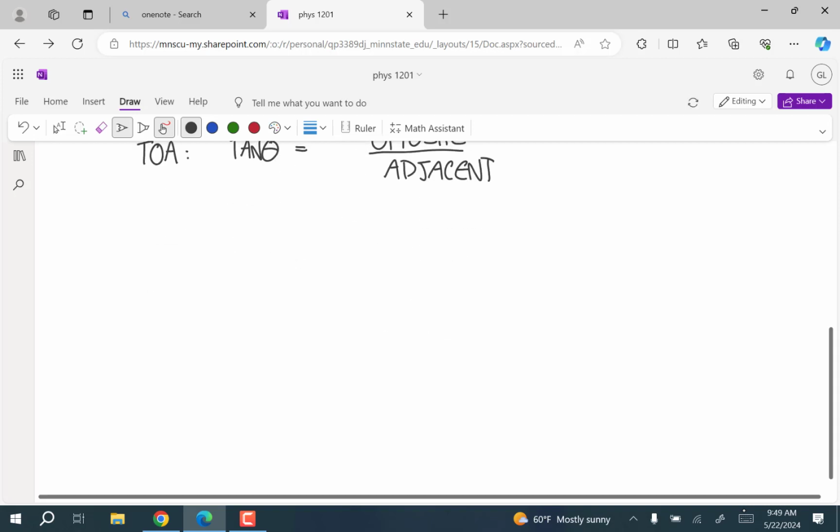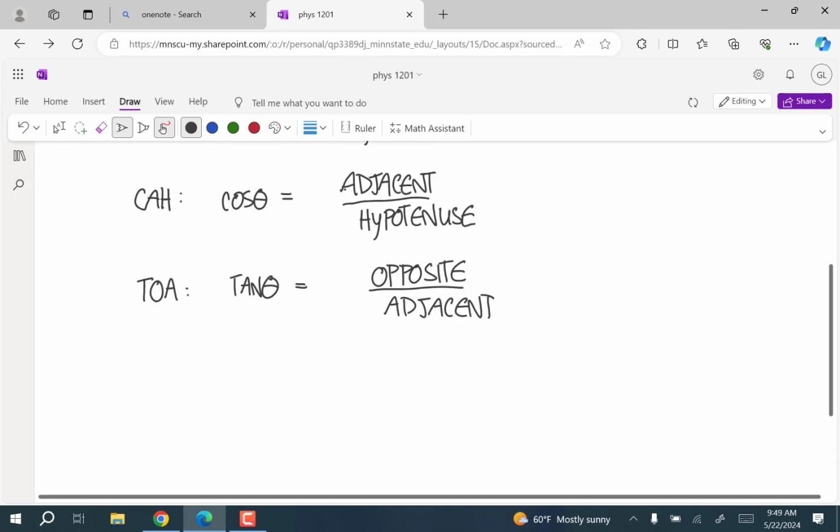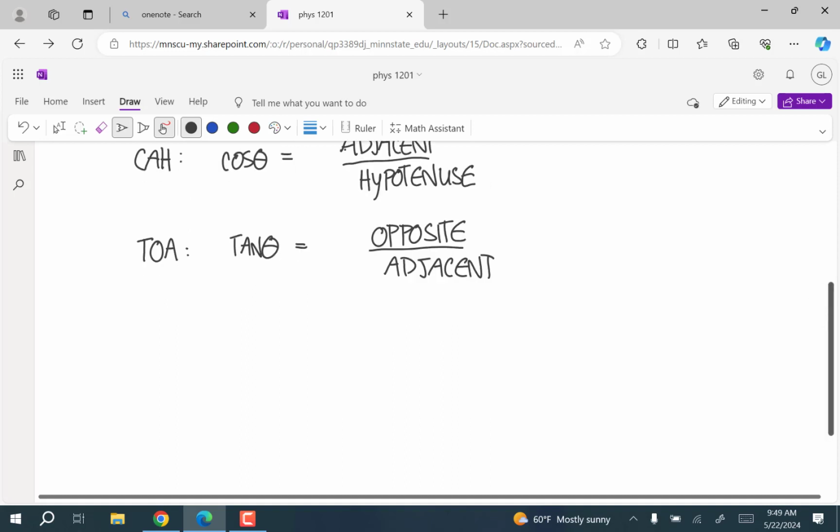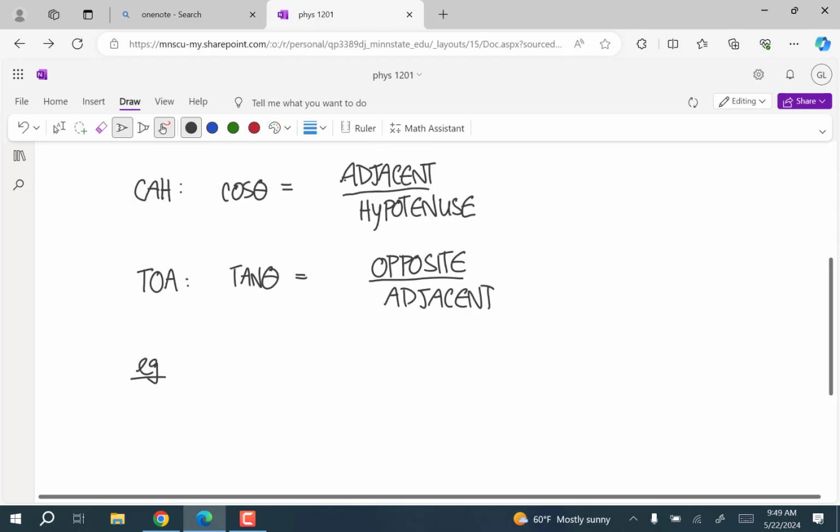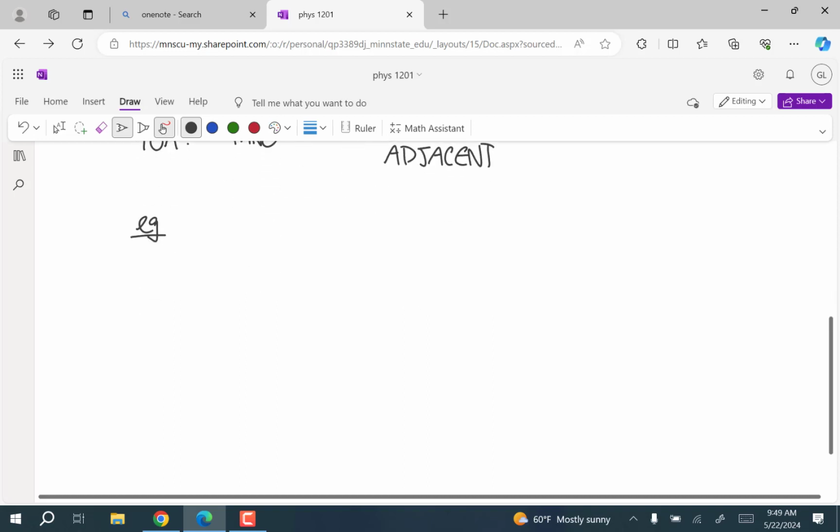Okay, so for example, to use these, say that you had a right triangle where you knew this angle was 20 degrees and you knew the length of the hypotenuse was 10.